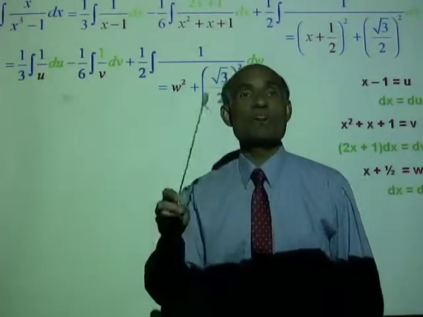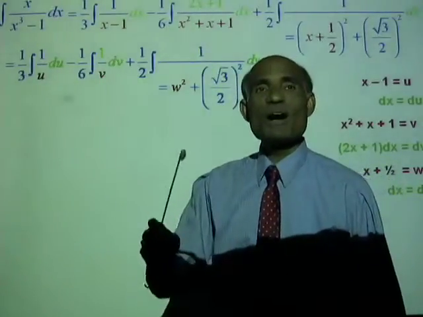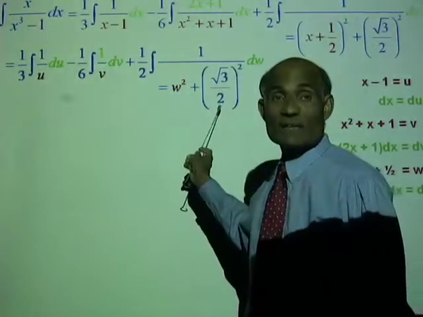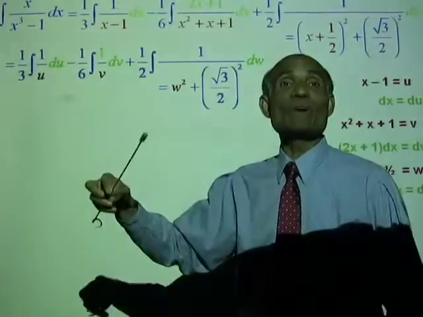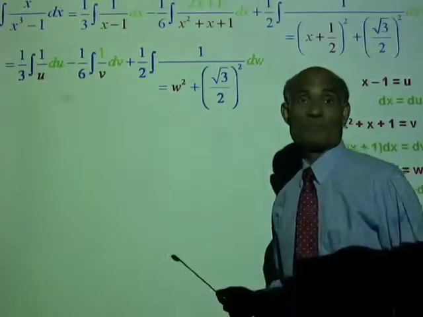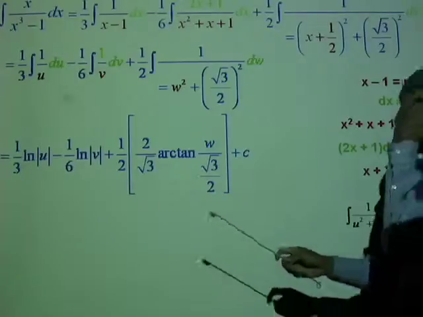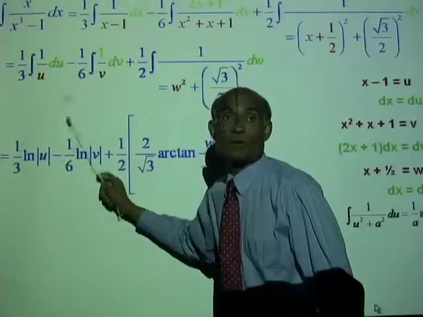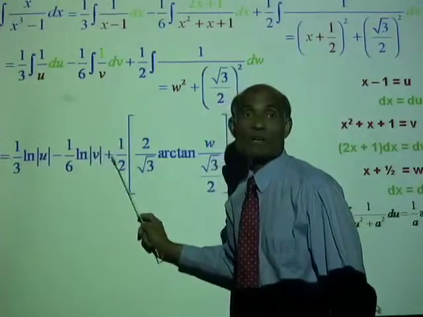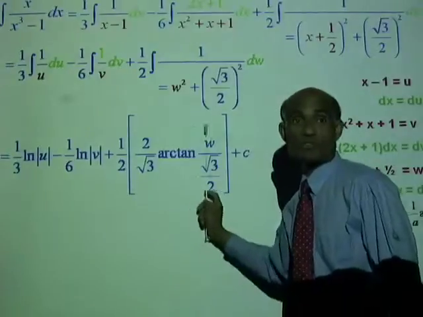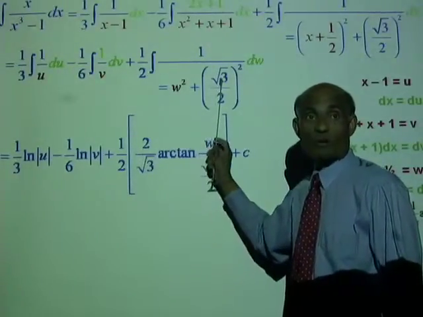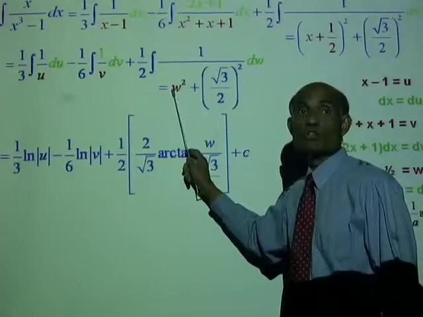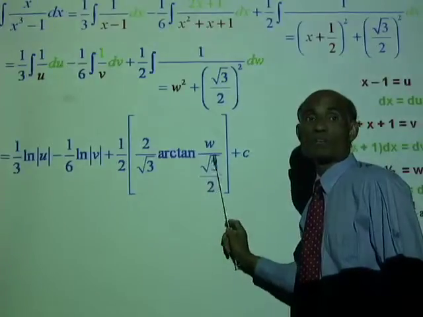What is the integral of 1 over u squared plus a squared du? It'll be 1 over a arctan u over a. In our case, that u is w. So this will be 1/3 ln absolute value of u, minus 1/6 ln v, plus 1/2 times the arctan form, 1 over a, which is 2 over root 3, arctan of w over root 3 over 2.